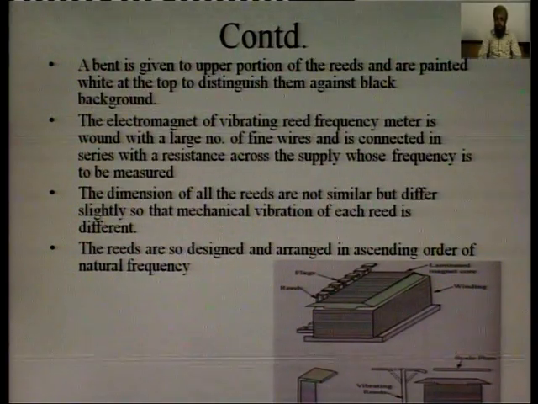The reeds are so designed and arranged in an ascending order of natural frequency. So the size of each reed is different, according to the natural mechanical vibrations.